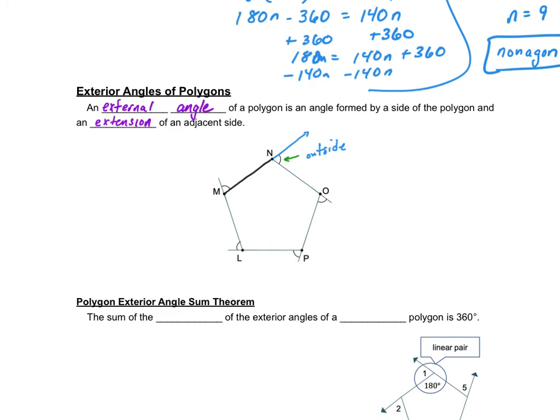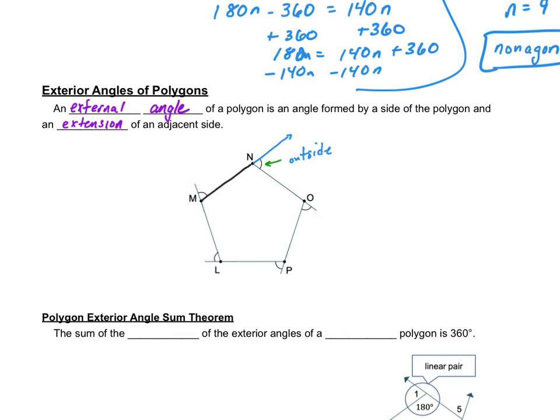And just thinking about it, if it did extend to a straight line right here, that total should be 180 degrees. It's a straight line, a linear pair, so my inside angle and my outside angle would sum to 180 degrees.